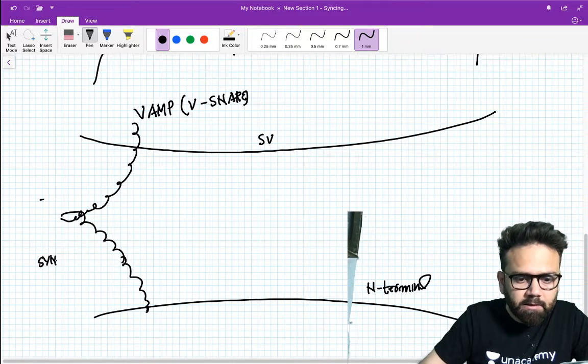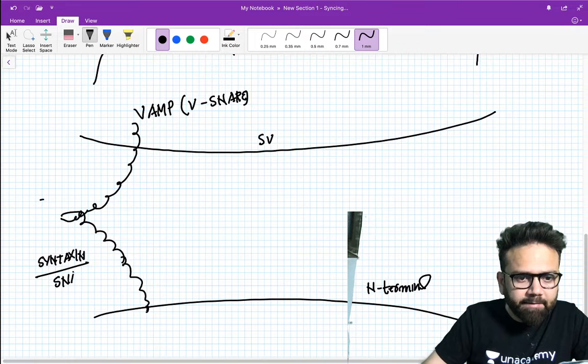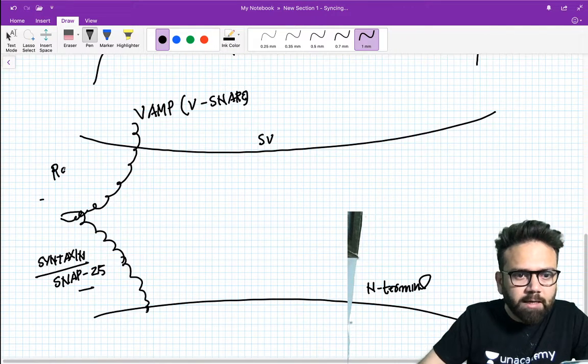Syntaxin, or SNAP-25. And this occurs with the help of a protein called Rab3A, and GTP is also needed.